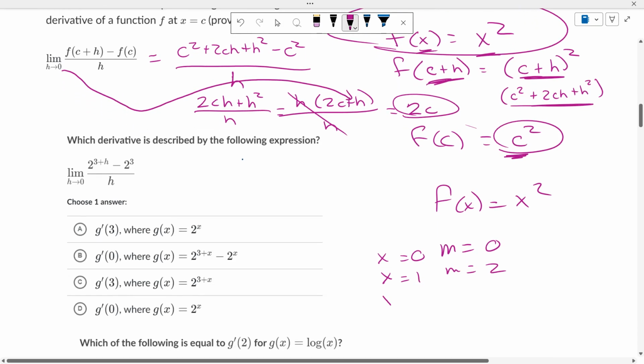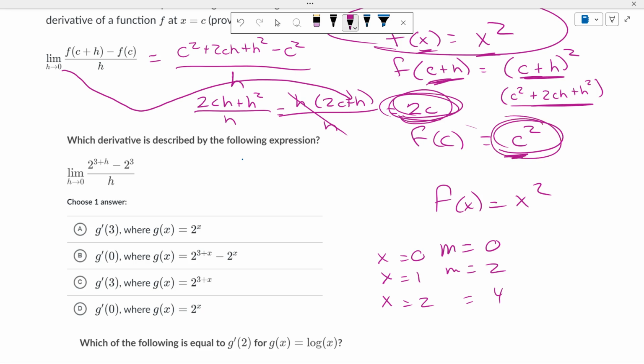Our slope at 2 was equal to 4. Okay? See how it's 2 times that number, 2c? So for c squared, it's 2c. And as I say, on Friday and next Monday, we'll learn more about how we get that and shortcuts to get there.